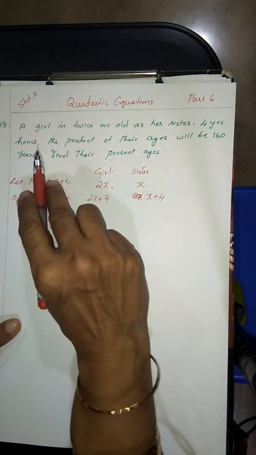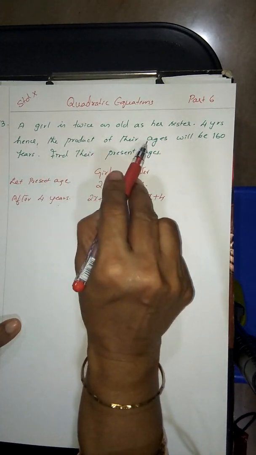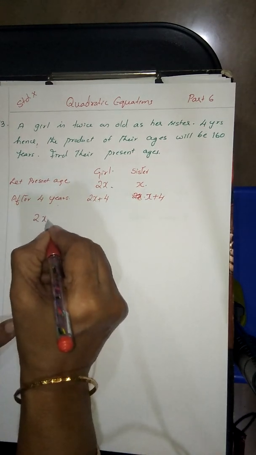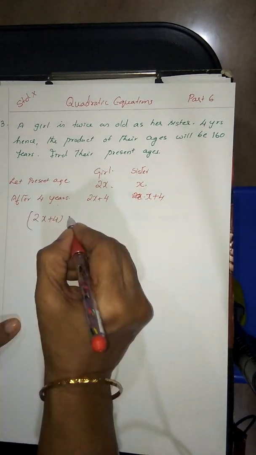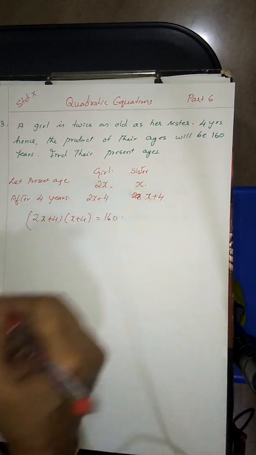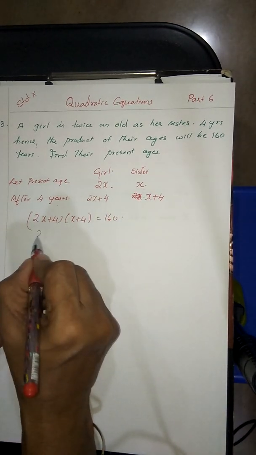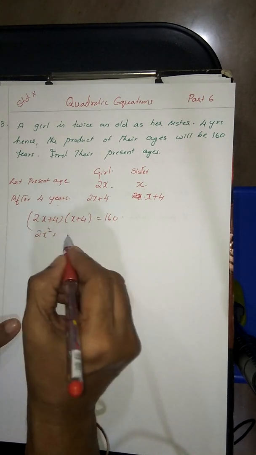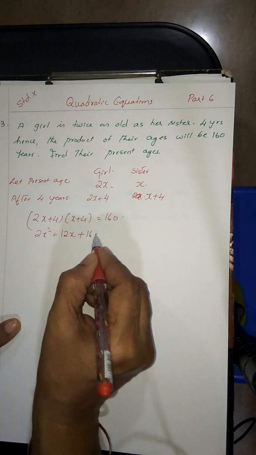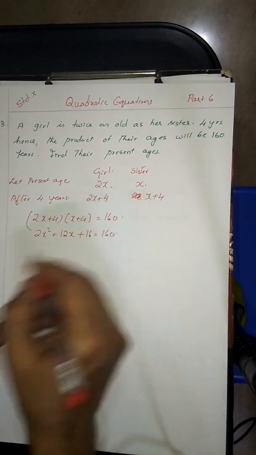Now 4 years hence, the product of their ages will be 160 years. So the product of their ages is (2x plus 4) into (x plus 4) is equal to 160. So this will be 2x squared plus 8x plus 4x, 12x, plus 16 is equal to 160.